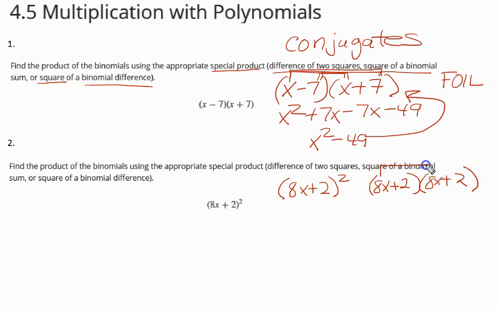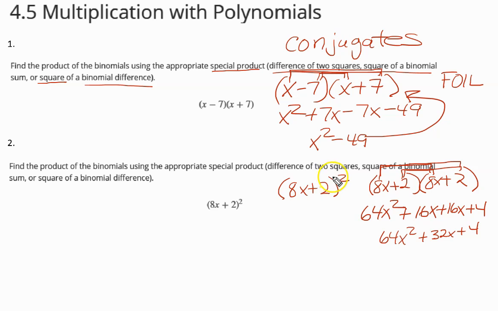Now, if we FOIL that, my first term, 64x squared, my outers, a positive 16x, my inners, a positive 16x, and my last, a plus 4. Notice we have like terms in the middle, so when we group like terms, we get 64x squared plus 32x plus 4.